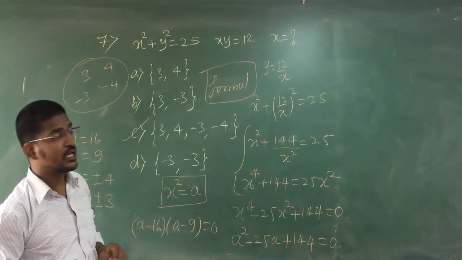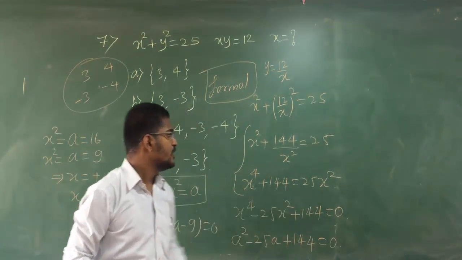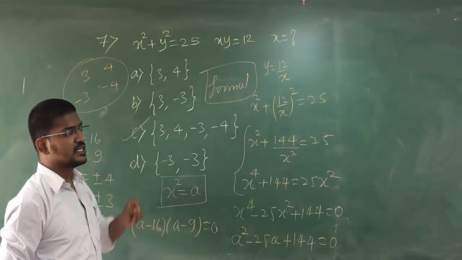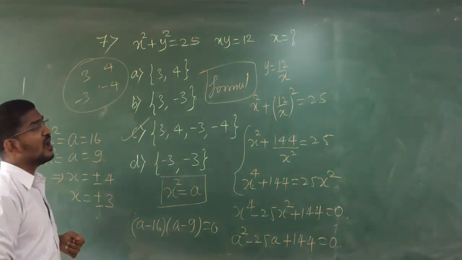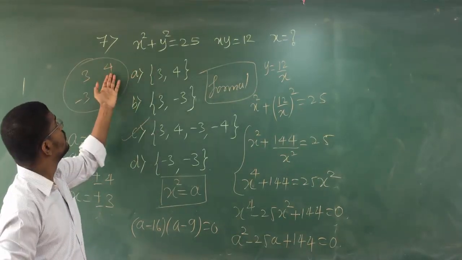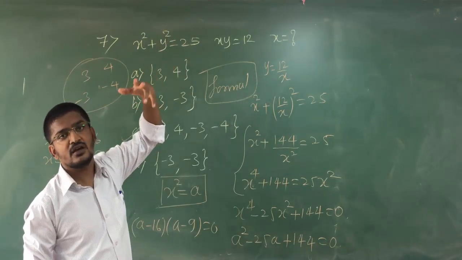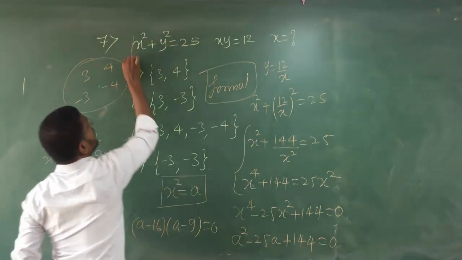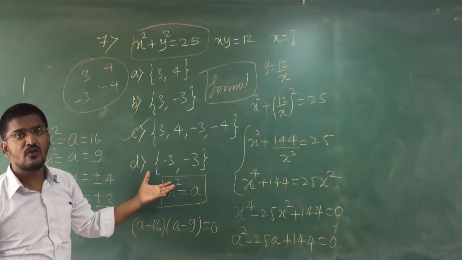Are you getting my point? You use all 4 in this particular equation. If LHS and RHS are going to be equal, then that is going to be your particular answer. Or here you can use 3 square 9, 4 square 16, 9 plus 16, 25. Clear?